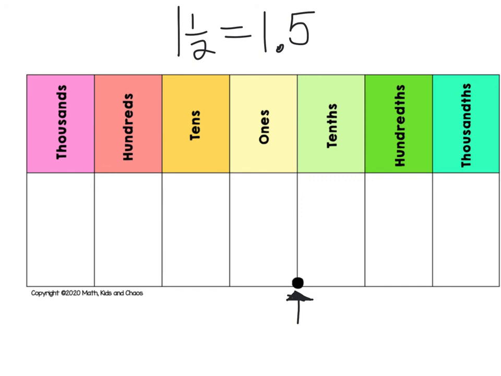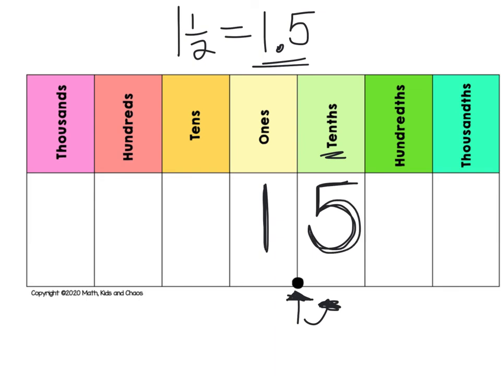Okay, but another way to read that number, 1.5 as a decimal: if I put this into my place value chart, my 1 is going to go here, because that's a whole number. And to the right of my decimal point, I have tenths. So 1.5 can also be read as 1 and 5 tenths.